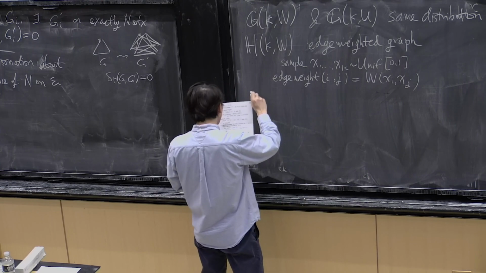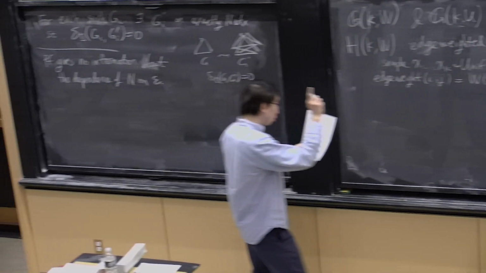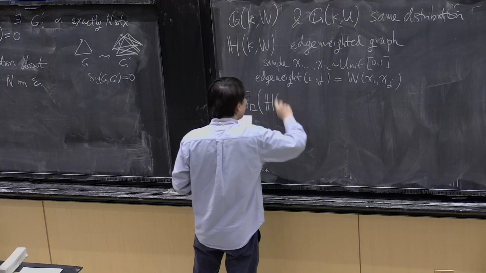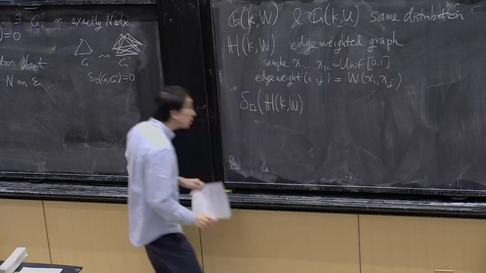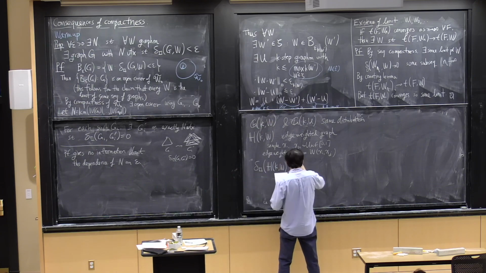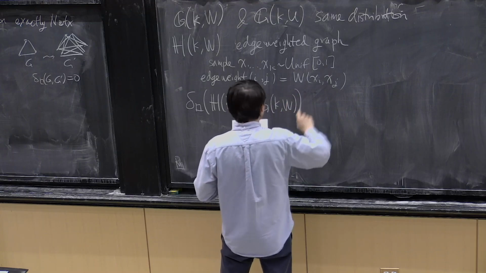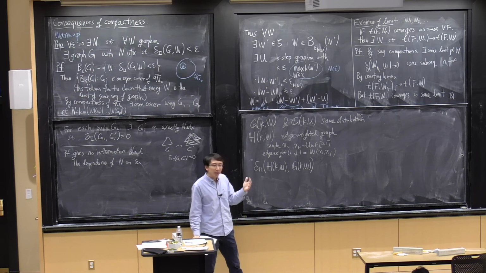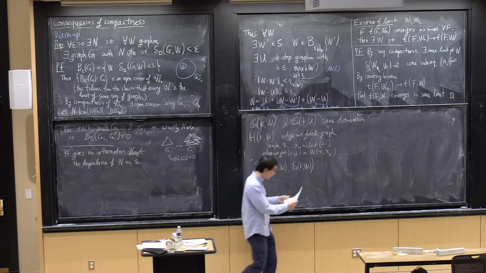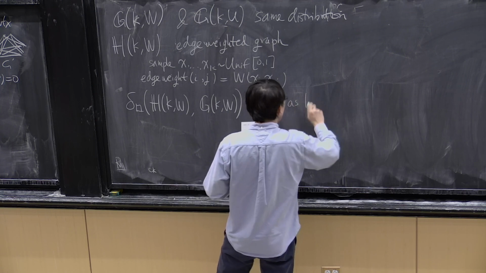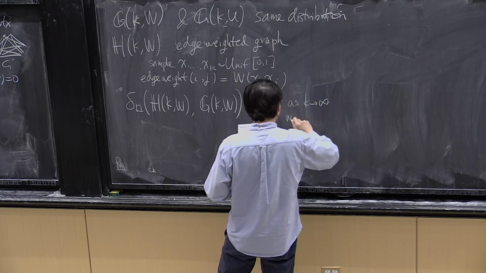So the following are true, and this is where I'm going to skip the proofs. If I look at this H random graph and the G random graph, they are very close in cut distance. You can think of this as the claim that H is very close to G in cut distance, as k goes to infinity with probability 1.